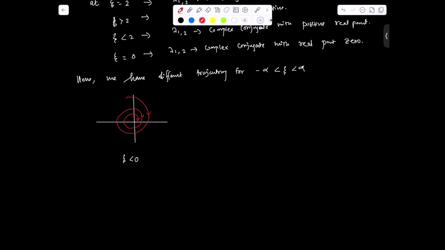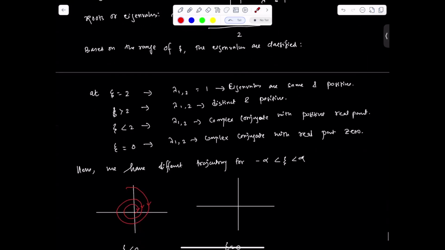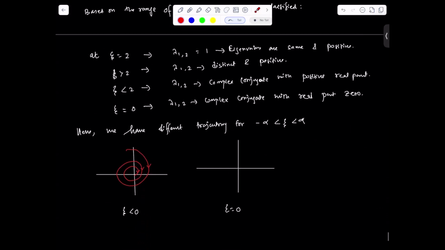This is what you have done in the last lecture. And if zeta is equal to 0, in this case, we can write. These are the special cases we can assume, because if zeta is 2, then we can come up with easy conditions for the eigenvalues. And this is what actually happens if it varies from minus to plus.